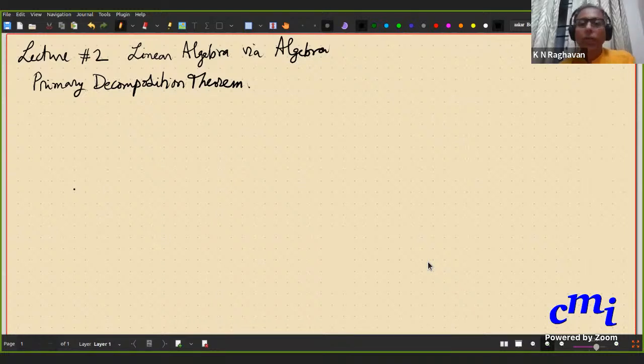So let me ask you questions. What is this? I said this corresponds to some theorem in algebra. So what was this right-hand side? What is the theorem it corresponds to?